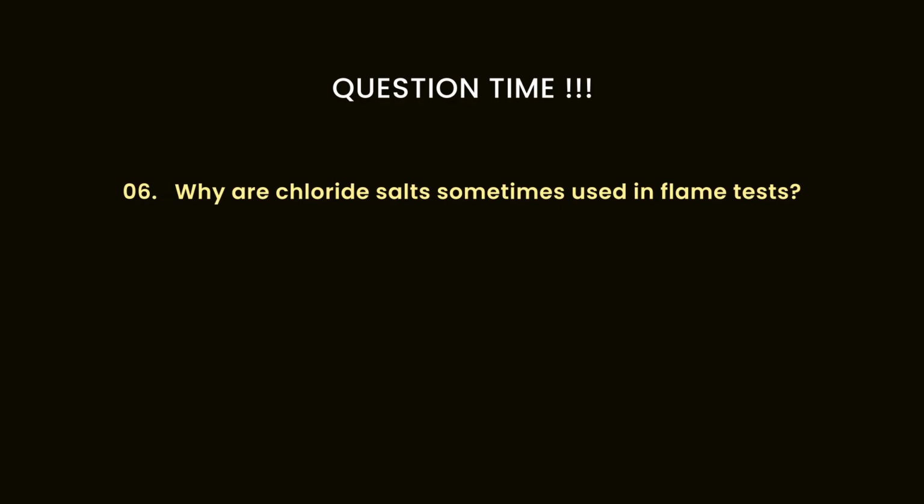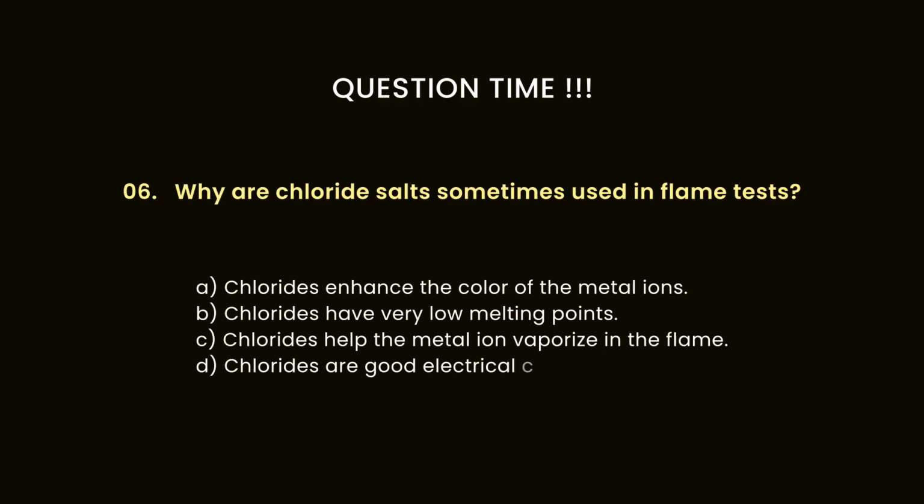Question 6. Why are chloride salts sometimes used in flame tests? Answers are: A. Chlorides enhance the color of the metal ions. B. Chlorides have very low melting points. C. Chlorides help the metal ion vaporize in the flame.